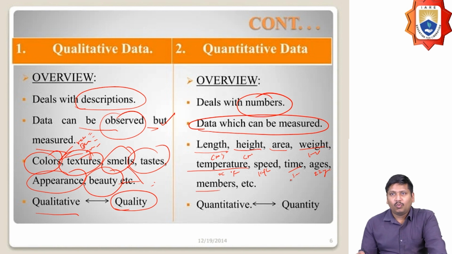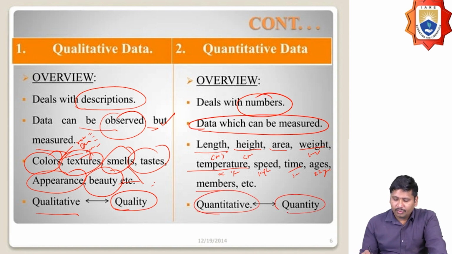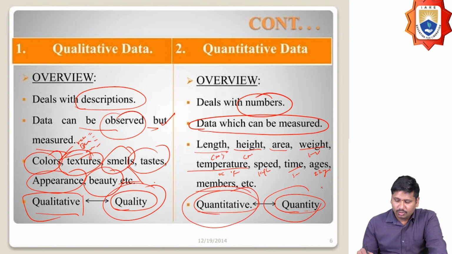If a variable has units like this, then it is considered quantitative data. Quantitative is nothing but quantity, and qualitative is nothing but quality.